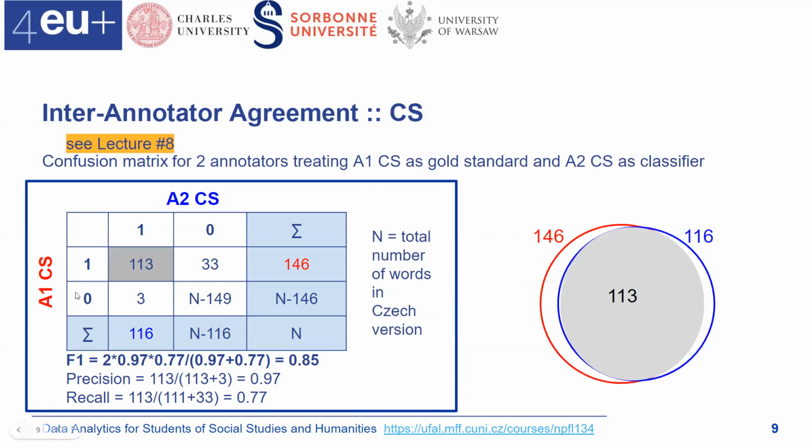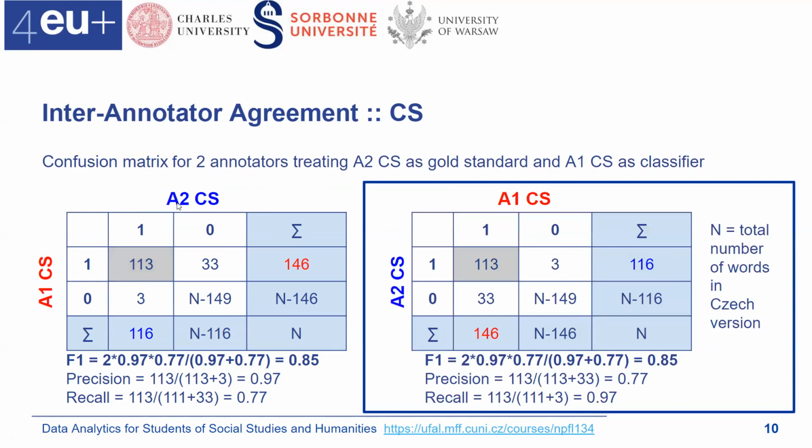So in other words, we take the A1 annotator as gold standard data and A2 as a classifier. We can, however, switch the roles so that the annotator A2 is treated as a gold standard and annotator A1 is treated as a classifier.